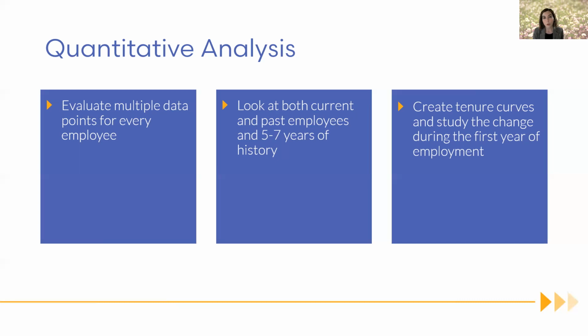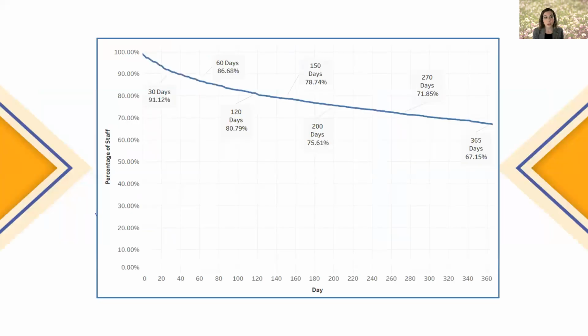But what the tenure curve is going to do is it's going to study the change of employment during that first year. Now, for our cases, we've looked at 1 year of employment, but it could potentially be longer than that if you would like. So what this tenure curve is actually doing is identifying the percentage of your employees that are employed at each given day for that first year.